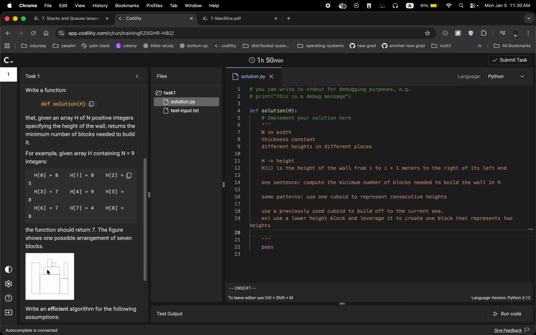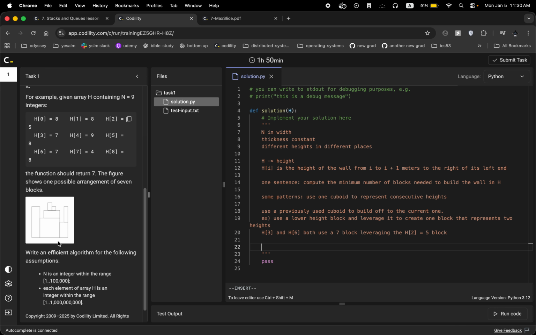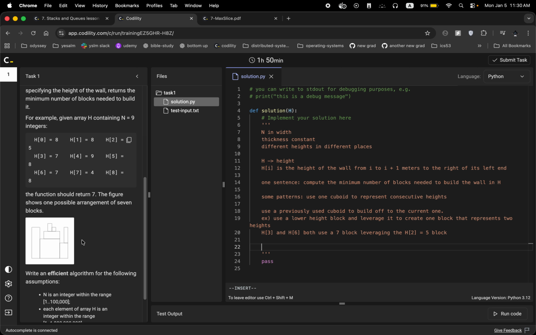Like for this one, 7 and 7, H3 and H6, both use a 7 block.